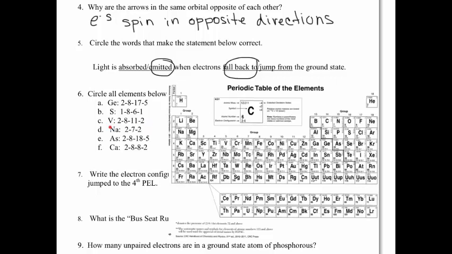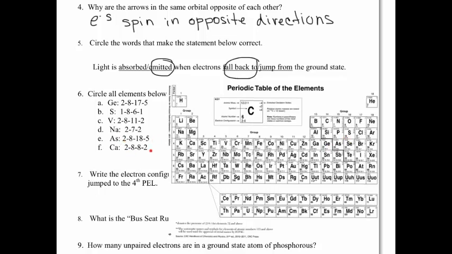Now this next one might look excited, but I have a feeling it's not. Vanadium 2, 8, 11, 2. So that one's actually ground state. Sodium, here's sodium, it should be 2, 8, 1. This is 2, 7, 2, so one from here jumped up to there. And then arsenic, which is here. It should be 2, 8, 18, 5, so that's ground state.